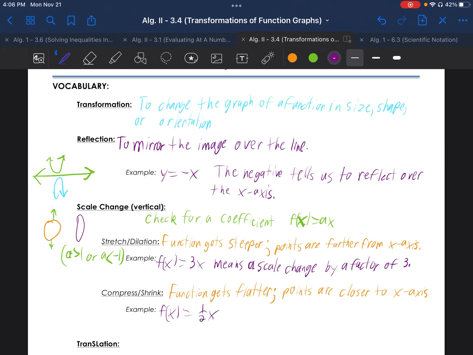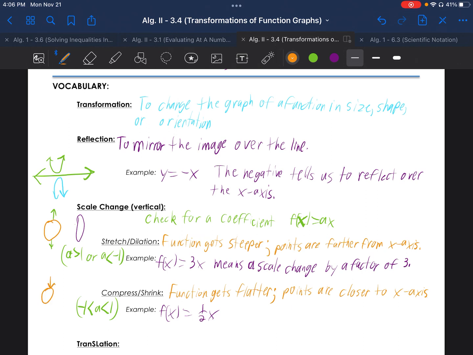So an example of that would be like f of x equals 1/2 of x. And in order to compress or shrink it, the scale factor a will have to be somewhere between -1 and 1, aka like 1/2 is between those two. It's a fraction or decimal that's smaller than 1.